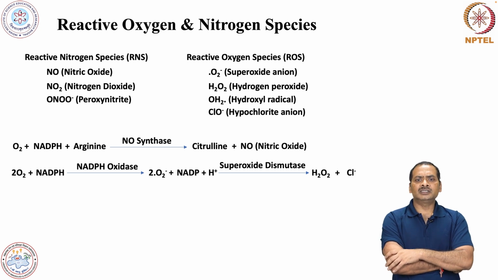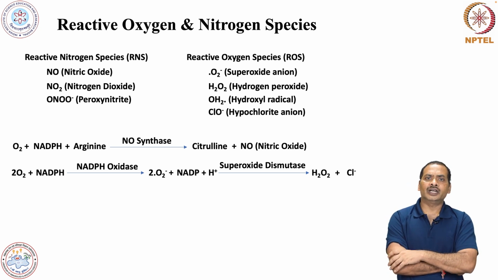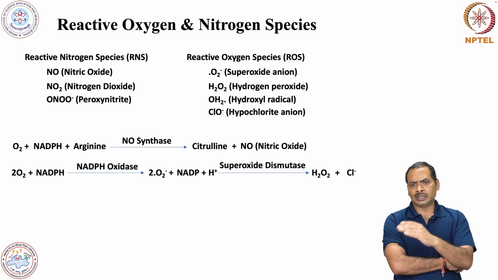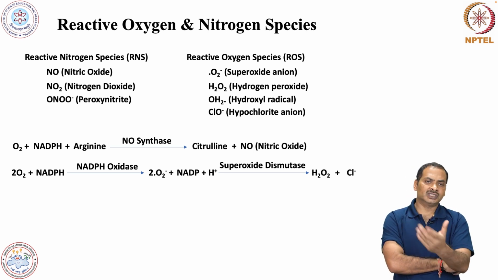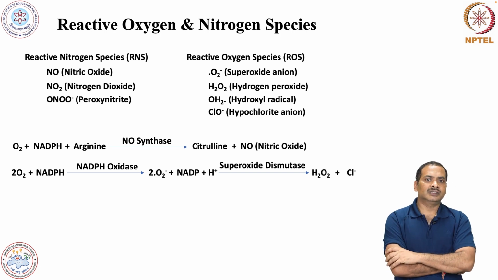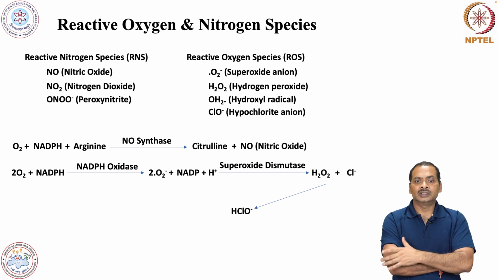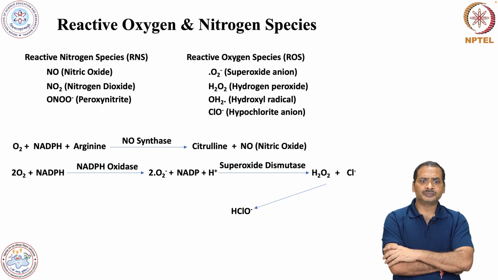superoxide anion, this results in the formation of hydrogen peroxide, and this can react with chloride, which is available in the cell, and that will basically make HOCl minus, which is highly reactive.